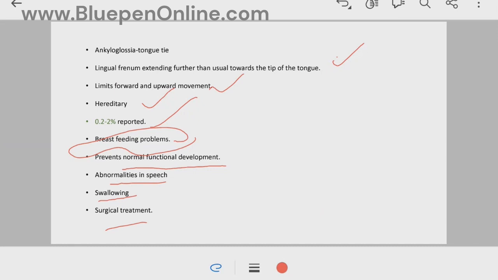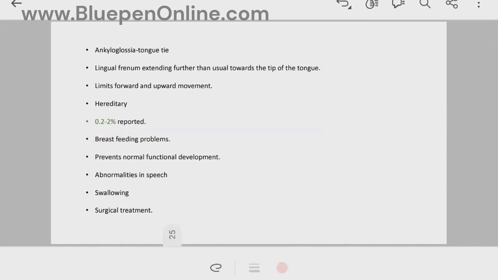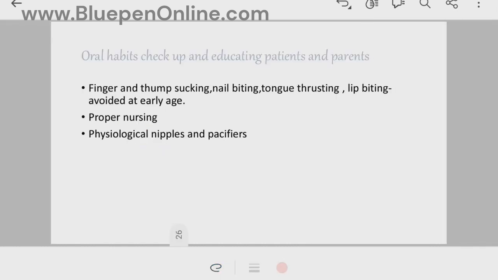Mainly when the patient has this kind of ankyloglossia, they will have problems with the sounds T, D, S, K, and TH. So all these sounds will have some problem. So this condition should be surgically treated.